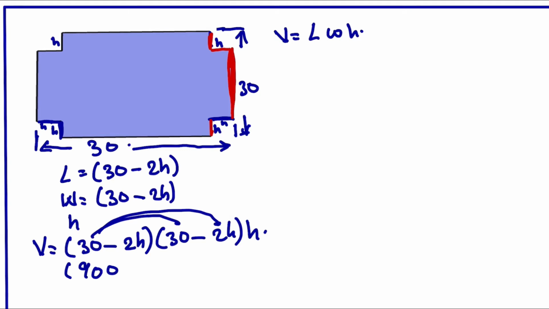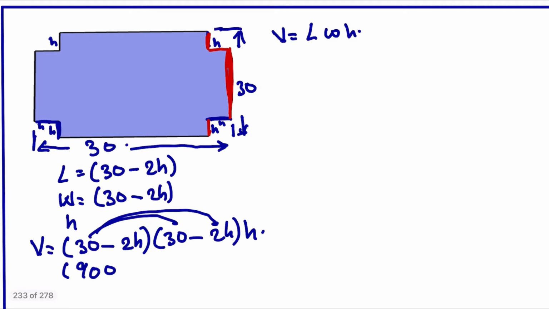We are going to have minus 60h minus 60h, which gives us minus 120h, plus minus 2h times minus 2h, which gives us 4h squared, all times h.